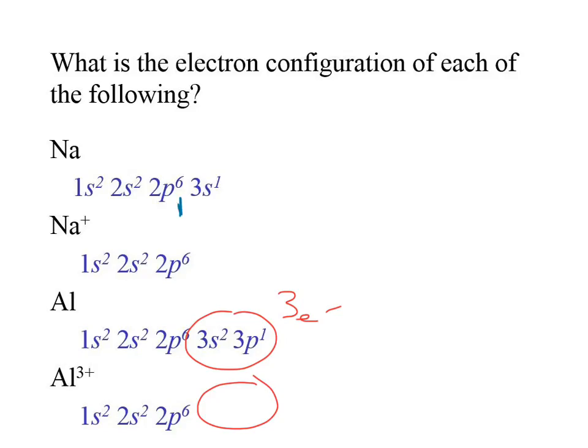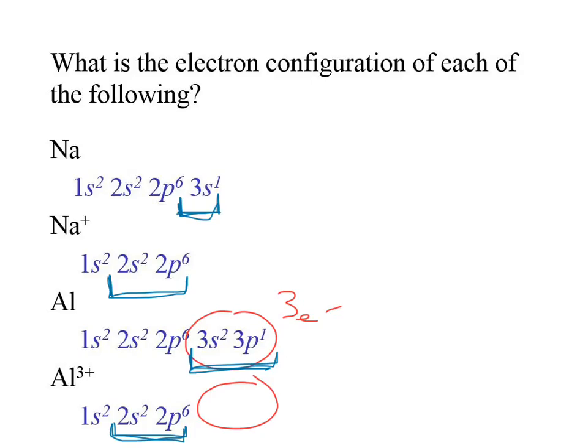The valence shell here is 3s. Here it is 2s2, 2p6, so that's its new valence shell. That's the highest N, exactly. Similar here, the highest N is 3 in the atom, and the highest N in the cation is 2.